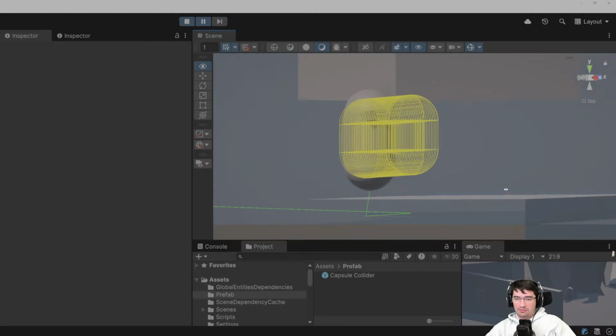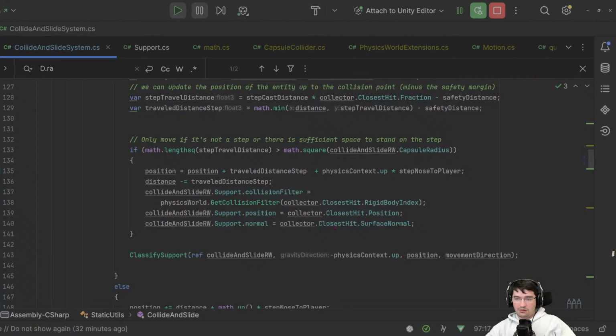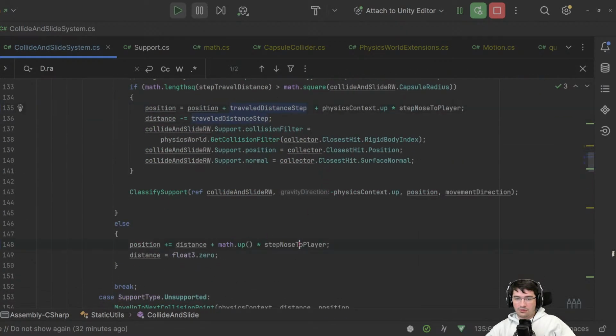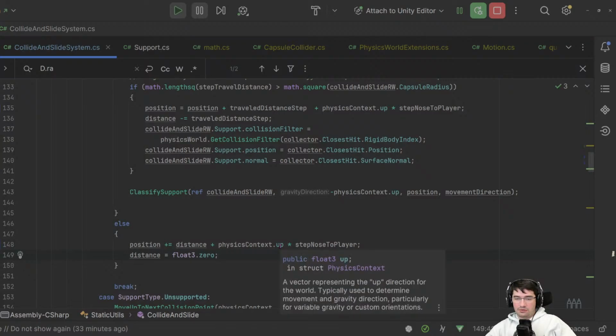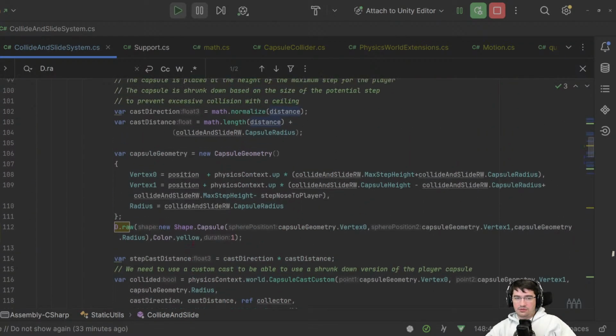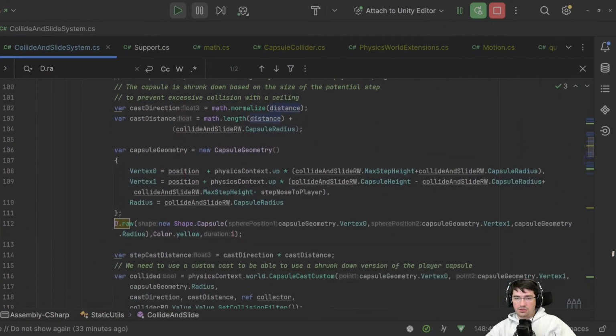I feel like I'm still much higher than what I should be. It doesn't change much, but it should be consistent. Physics up is math up for now. I go the full distance, and the full distance has not been changed, so that's okay.